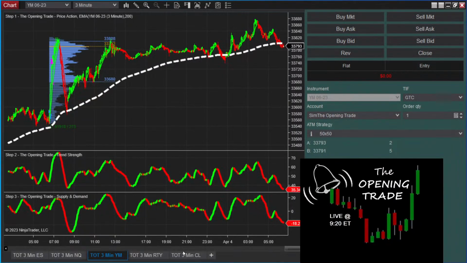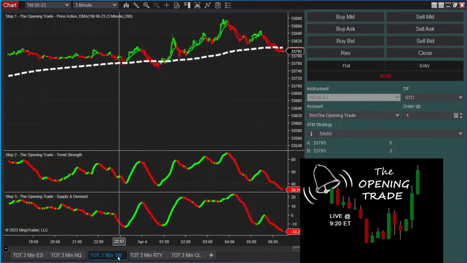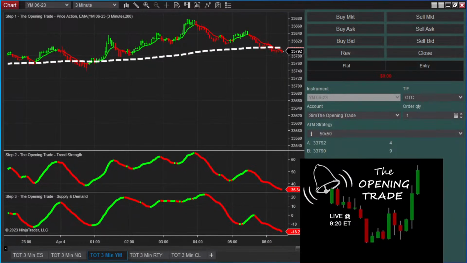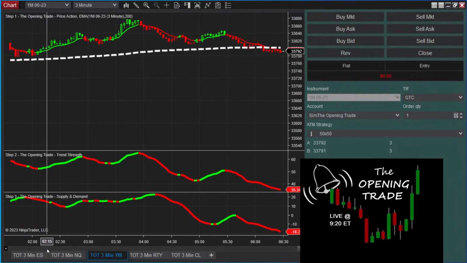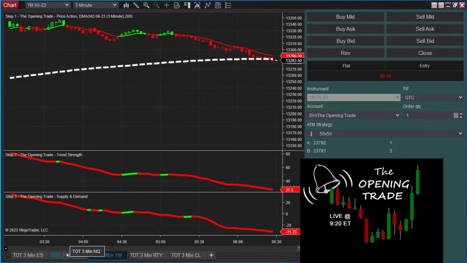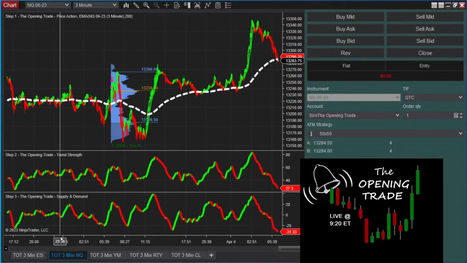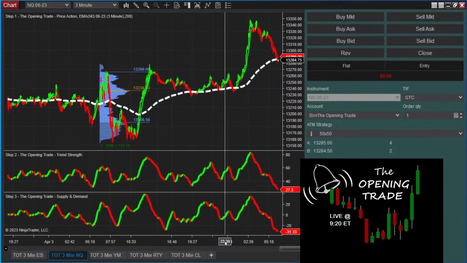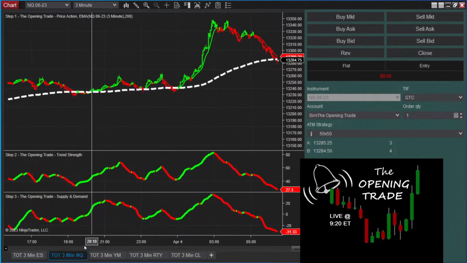It was just a crazy spike that was above. So here we have the NASDAQ, started yesterday through to today.